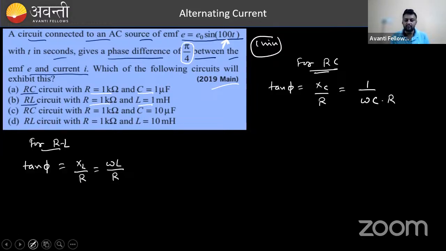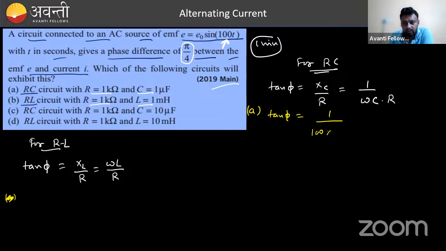Okay, so we are starting with option A, which is for an RC circuit. It has R and C. Put the values. So tan phi is 1 over omega, which is 100, times C, which is 1 microfarad, that is 10 to the power minus 6, times R, which is 1 kilo ohm, that is 10 to the power 3.